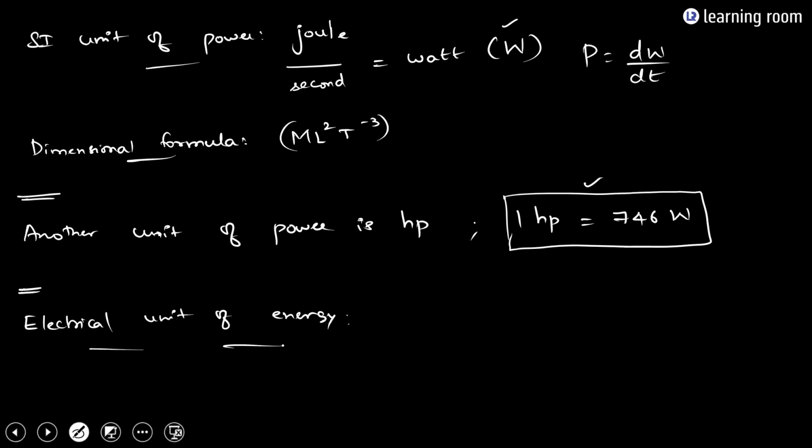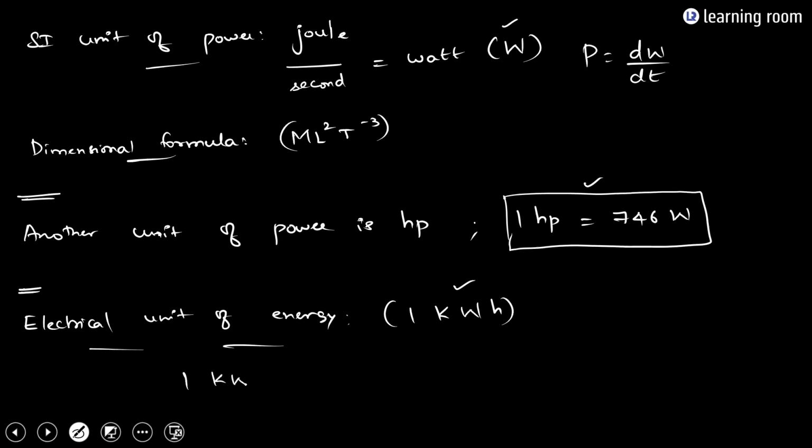How much is the energy consumed by it? So like this, we have something called 1 kilowatt hour. This is called the electrical unit of energy, or it is a commercial unit of energy. So how do you define 1 kilowatt hour in terms of joule?